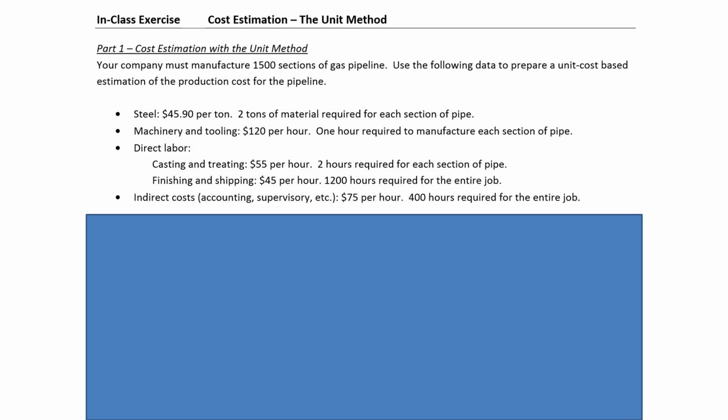Okay, so this first problem is saying you're going to manufacture 1,500 sections of gas pipeline, and we know how much steel costs, the machinery cost, labor, and indirect costs. So try and put together a cost estimate to manufacture these 1,500 sections of gas pipeline. It's just kind of like a standard algebra-based word problem here that's giving you a taste of the unit method.